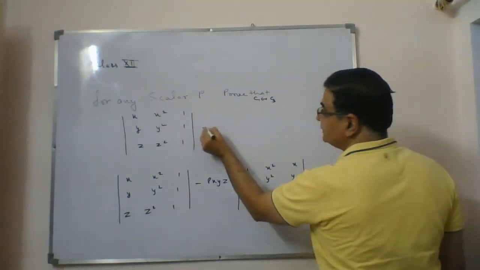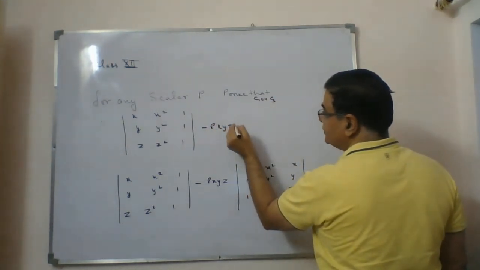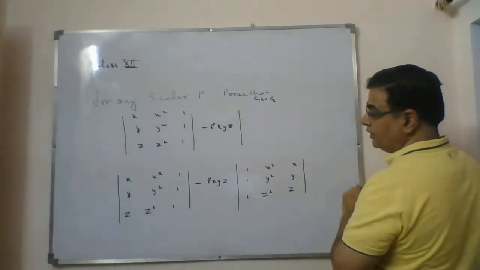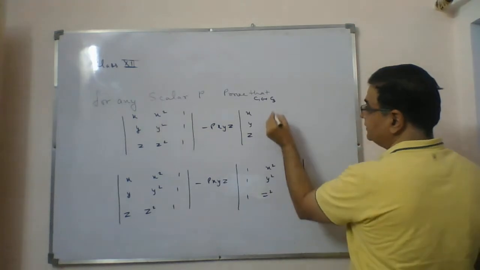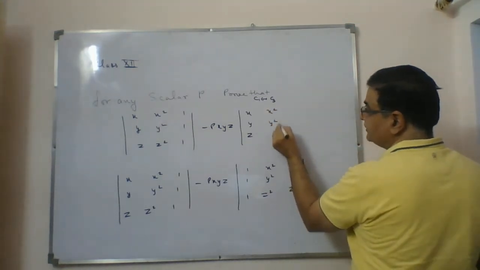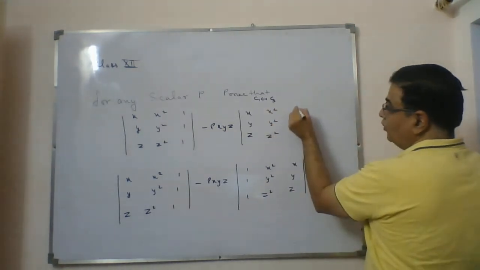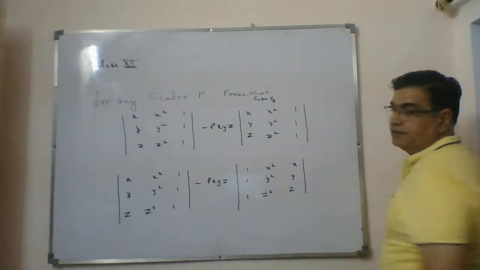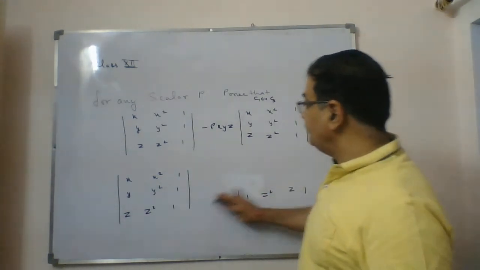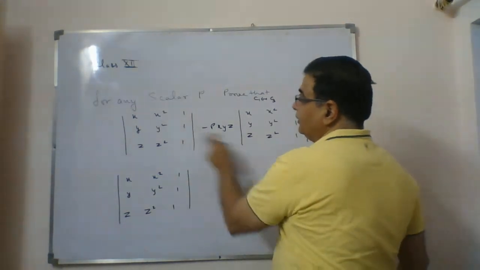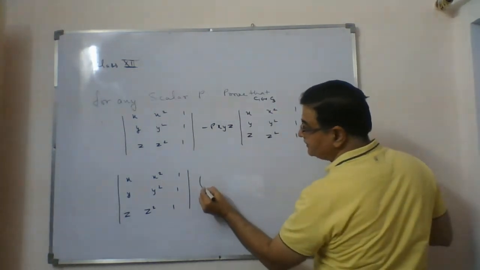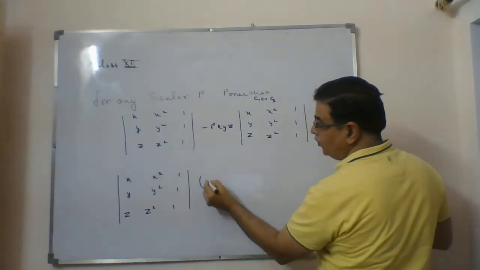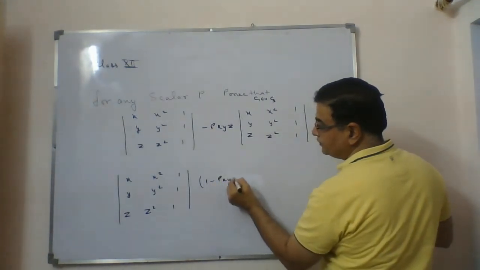So when you do this, minus pxyz, what will this come? x, y, z, x square, y square, z square, 1, 1, and 1. And now this determinant will be common in both. And if it is common in both, left is this common, then left is 1 minus pxyz.